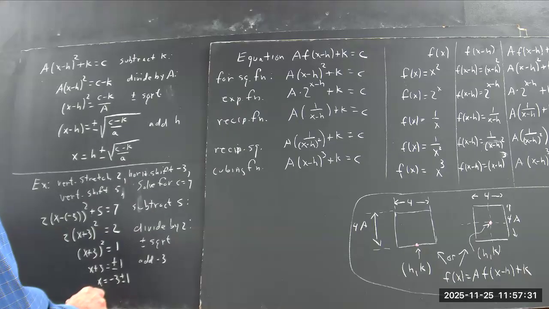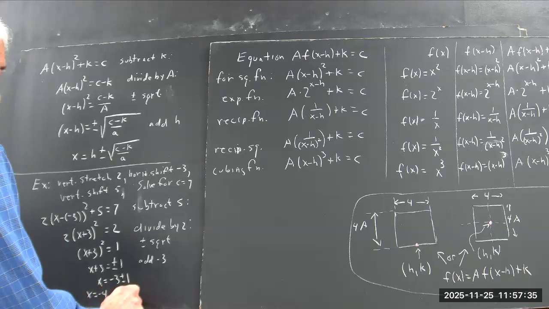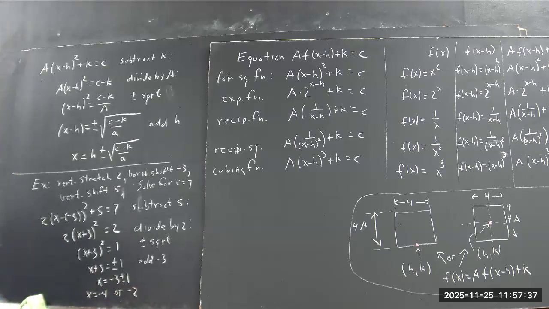So we get x equals -4 or -2. We could write the solution set -4, -2.